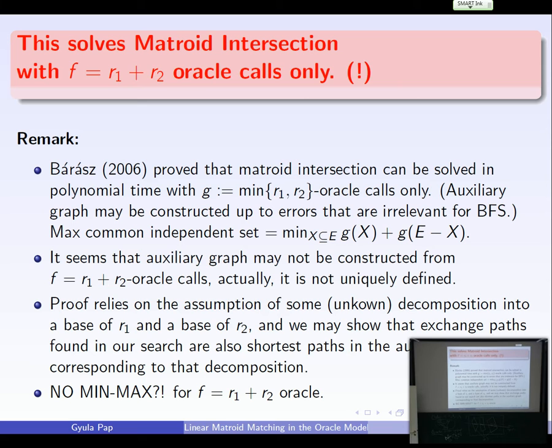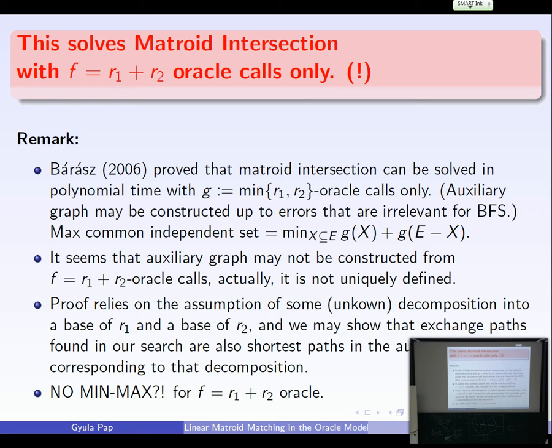There are just little things, but the main idea is that for the augmenting paths from Edmonds' algorithm, we don't have the auxiliary graph. We have another auxiliary graph based on this oracle, but the two graphs in terms of breadth first search are equivalent.